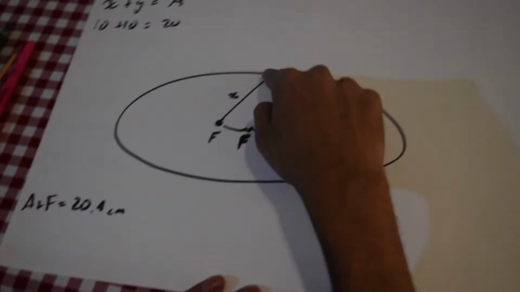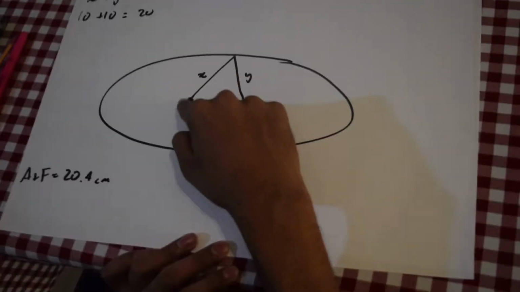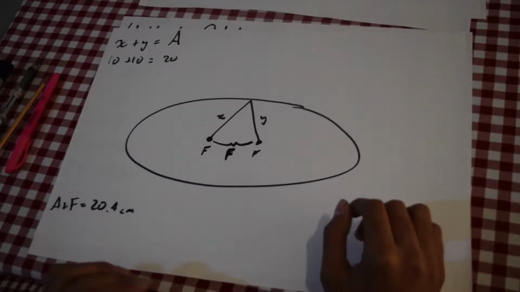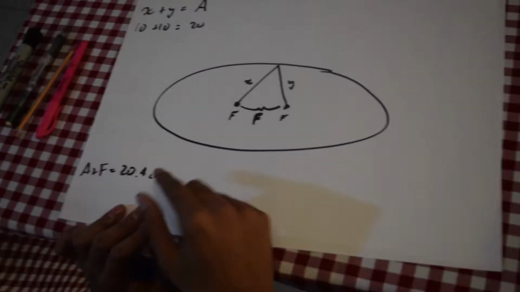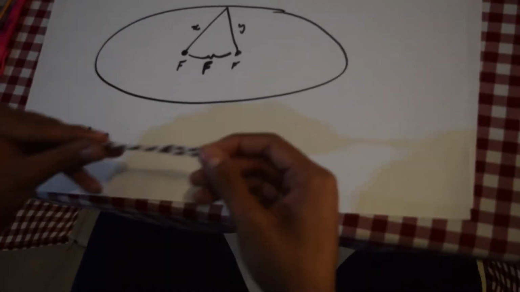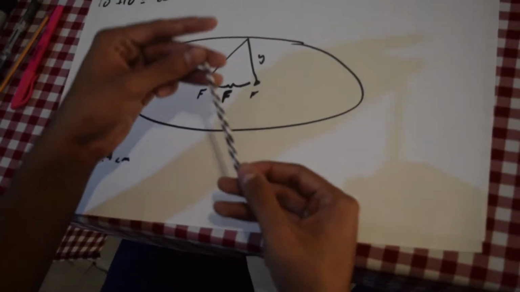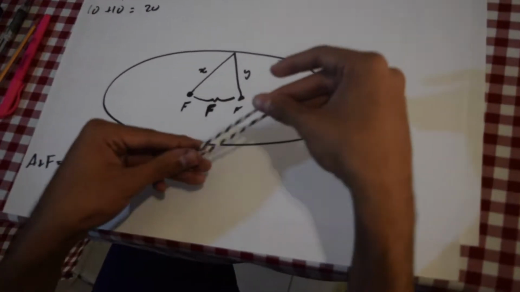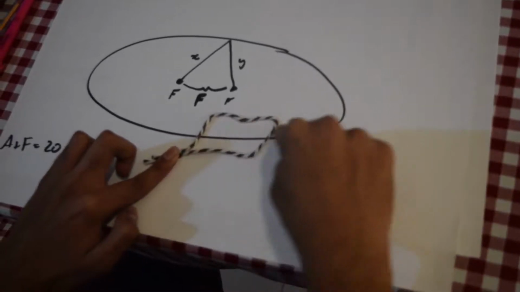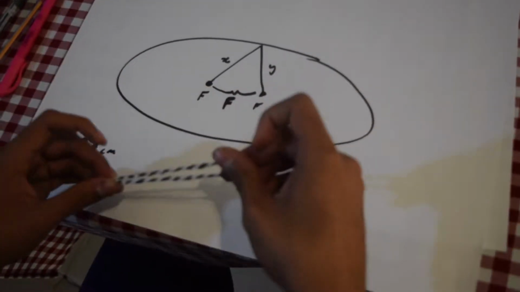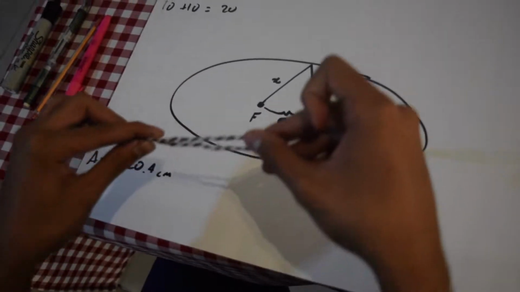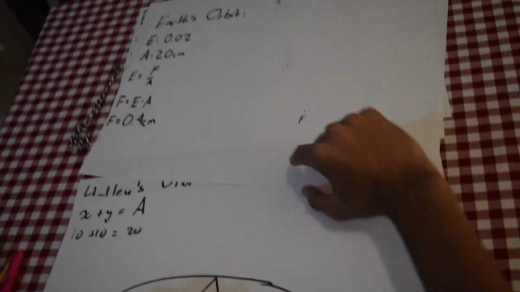So by using this length of string, we would be able to draw the whole ellipse correctly. So we found that A plus F equals 20.4. So here what I did was, both sides are 10.2 and 10.2, and I did a little knot. And with this length right here, we can draw an ellipse proportional to Earth's orbit.